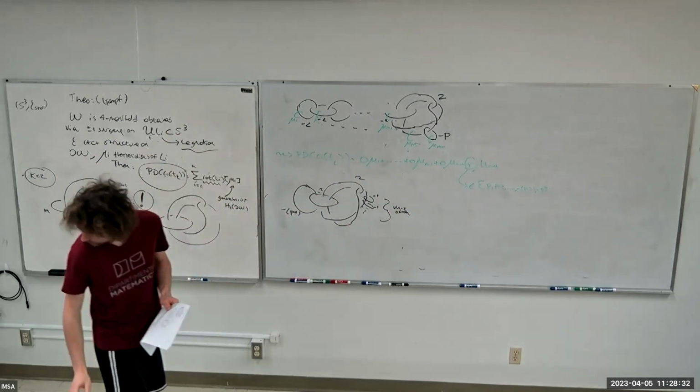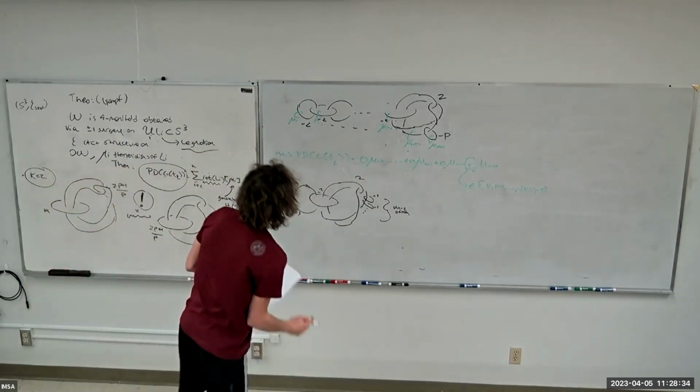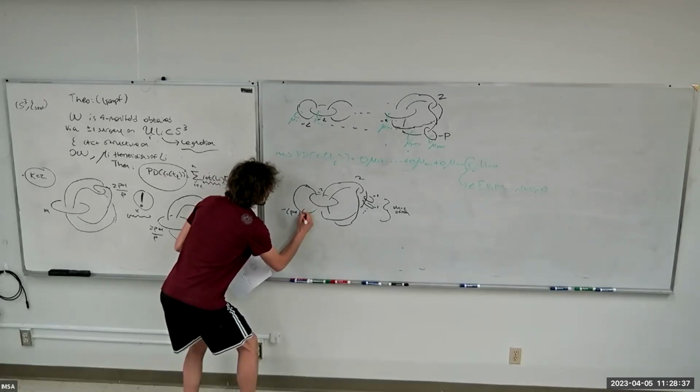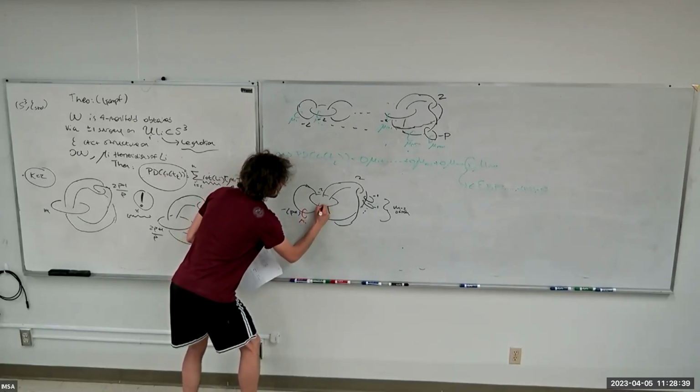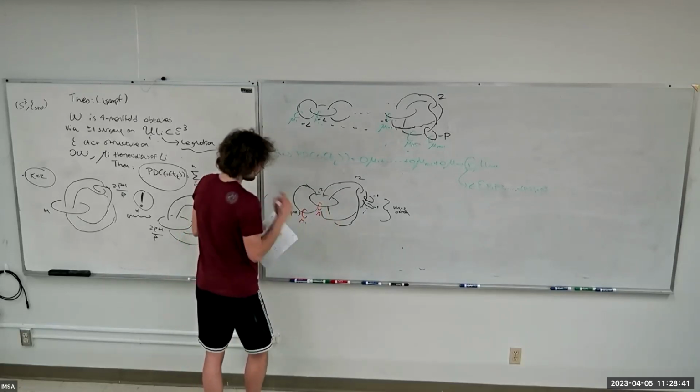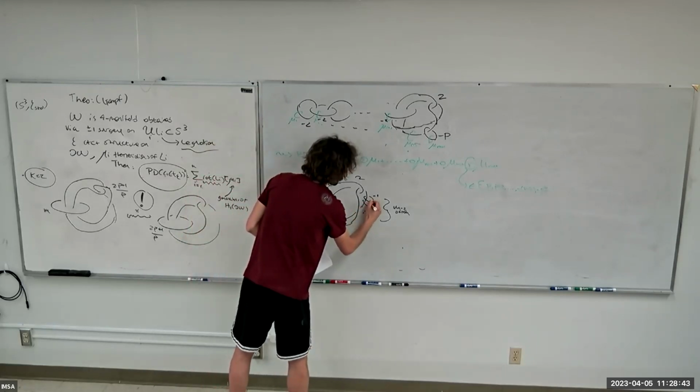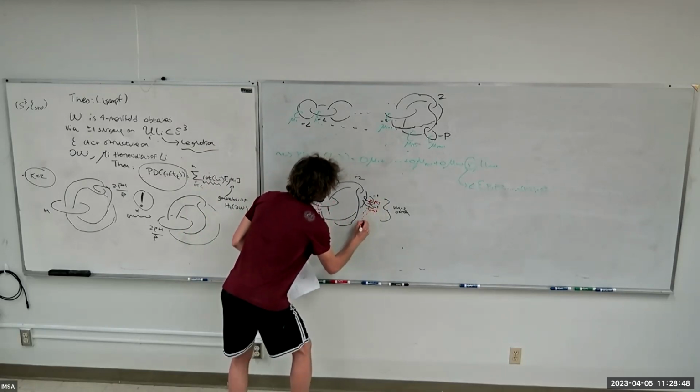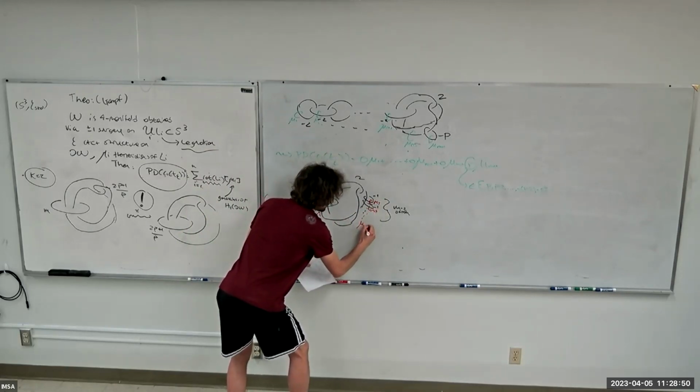Then take the meridians here. So this is mu1, mu2. This is mu3, mu4, and so on until mu_{m+1}.